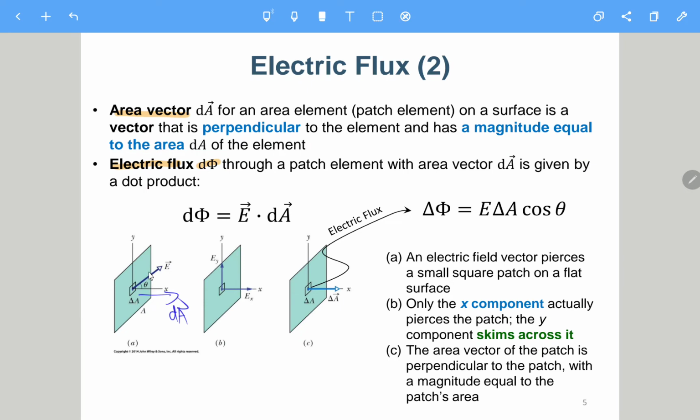So this is dA, and then E dot dA. E dot dA is the magnitude of E times the magnitude of dA, the area of that part, multiplied by the cosine theta. Theta is the angle between these two vectors.